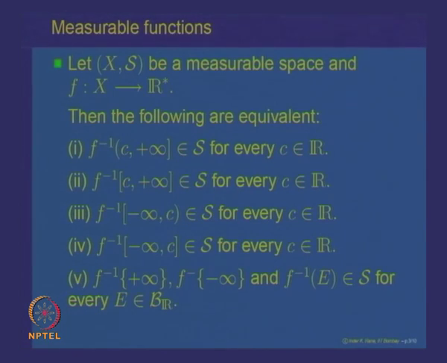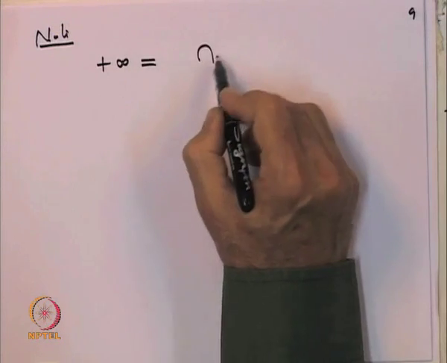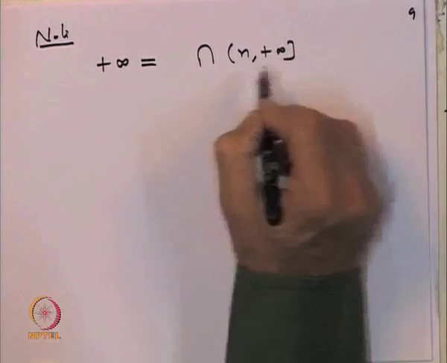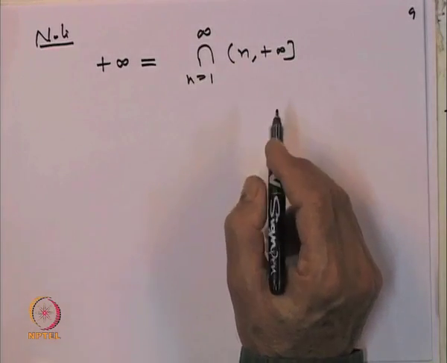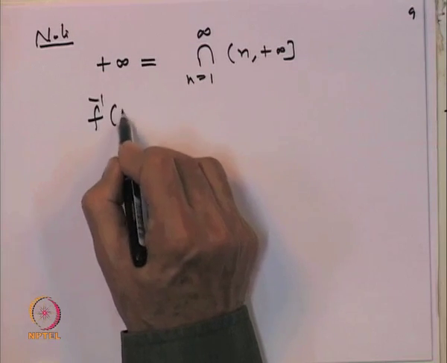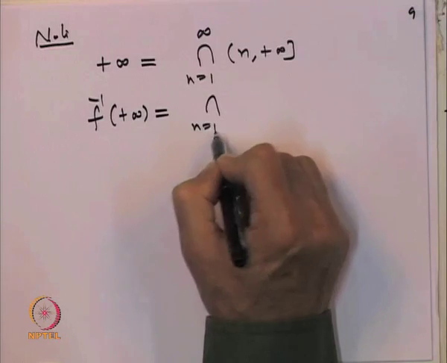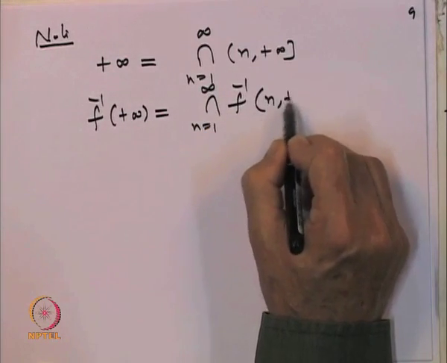So, note that plus infinity can be written as the intersection of n to plus infinity, n equal to 1 to infinity, right. So, f inverse of plus infinity is equal to the intersection n equal to 1 to infinity of f inverse of n to plus infinity.